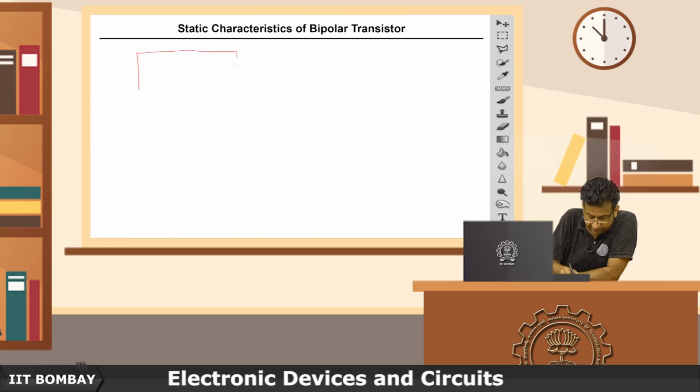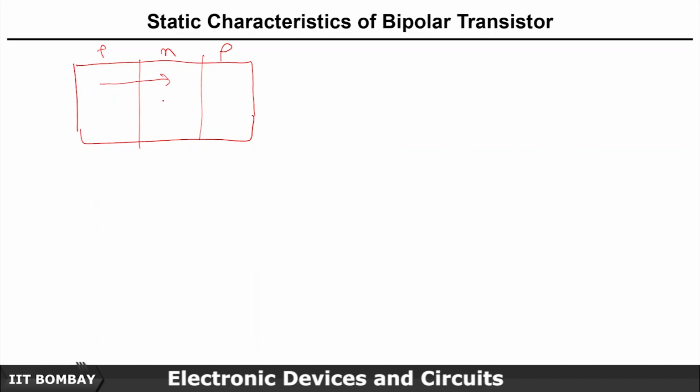So going back to the PNP transistor, this is PNP. We know that holes will start moving from P to N side, so there will be a huge IEP current. Some part of that will go towards IB. Of course, electrons will move from N to P side, and the current corresponding to that, IEN, will be in this direction, and this is the reverse biased case.